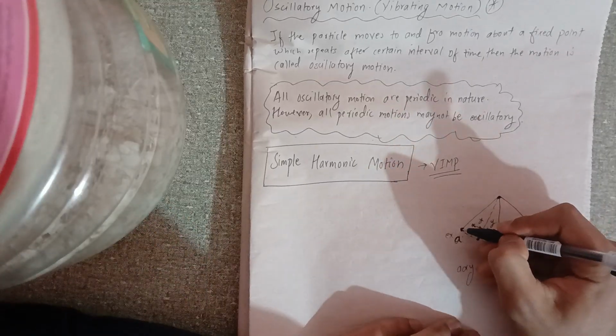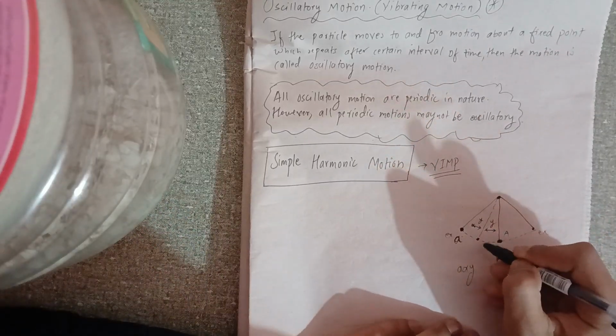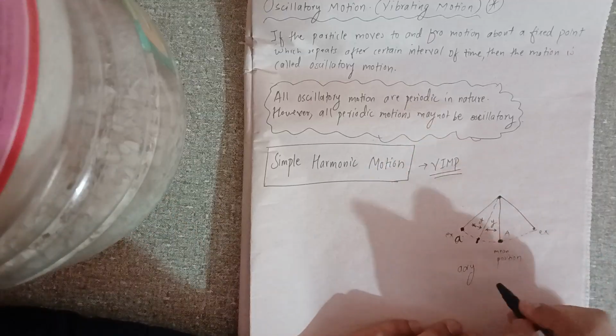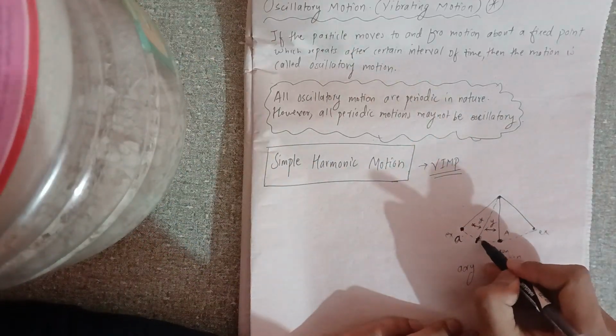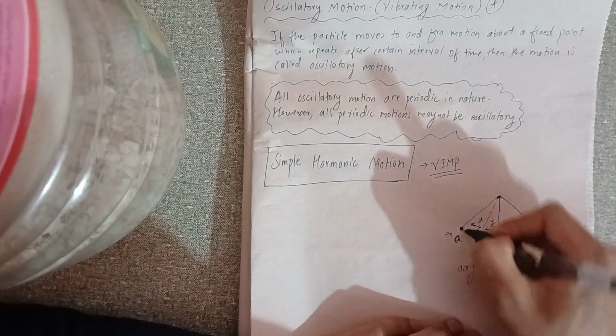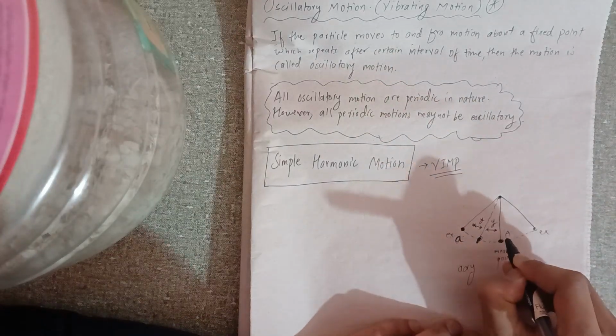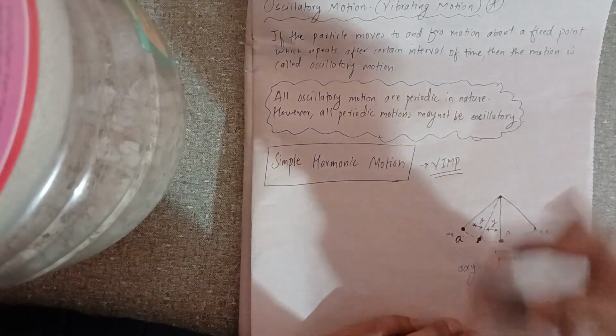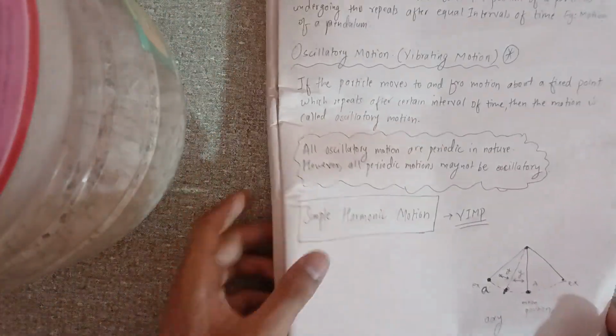The particle has more acceleration at this point compared to this point, and in any case the acceleration should be towards the mean position, with acceleration increasing with displacement. If you understood that, great, but if you did not, it's okay because you will understand it eventually.